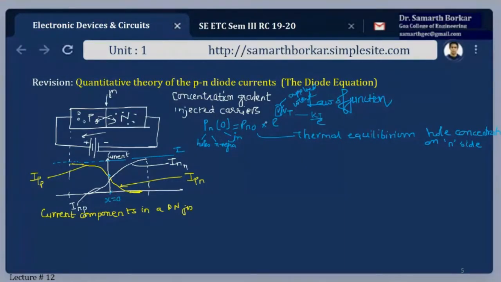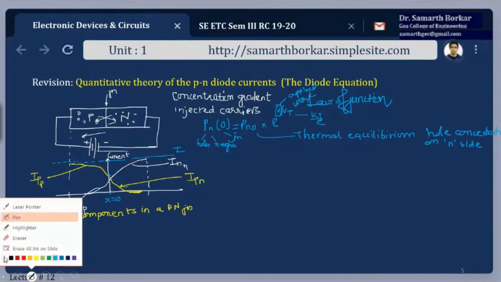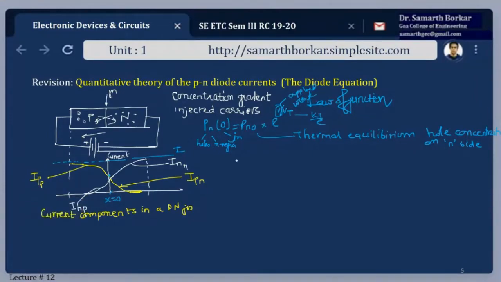Now, yesterday we had derived the equation for I. Let me write that equation. The current through the diode is equal to I naught times e raised to V by Vt minus 1.